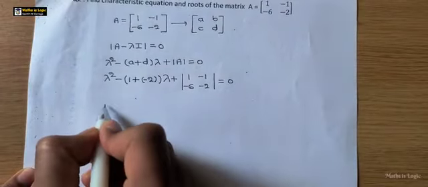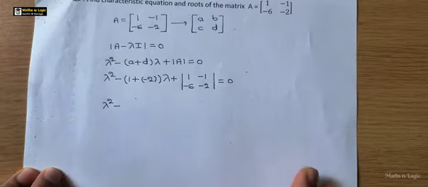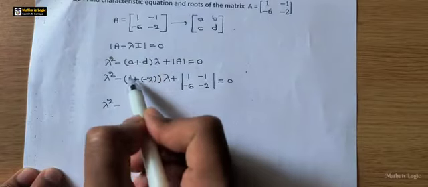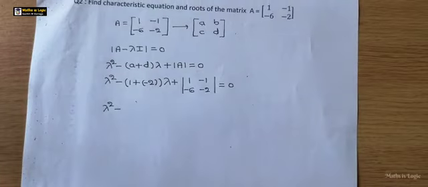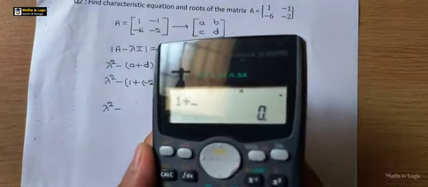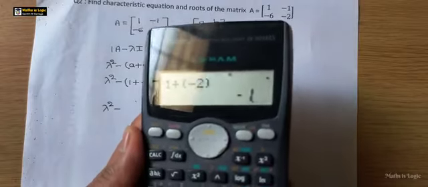Next, simplify. So lambda square, outside negative sign, keep it as it is. Next, better you use the calculator. 1 plus into bracket minus 2. So what is the answer? Minus 1.